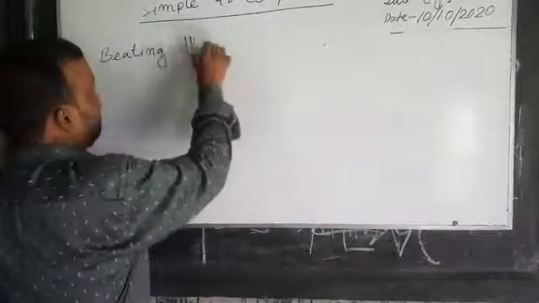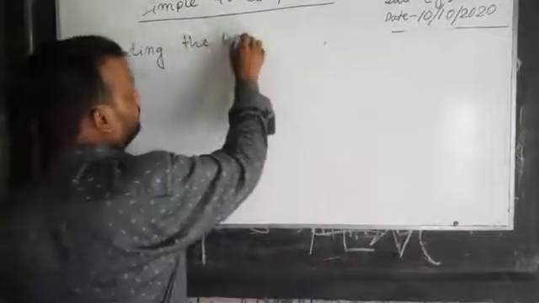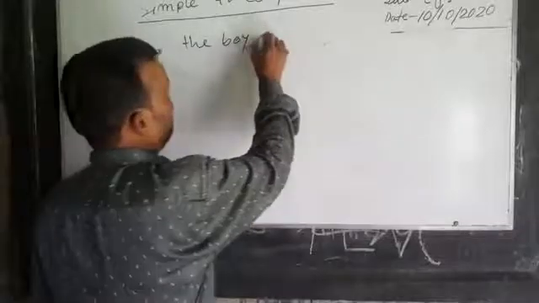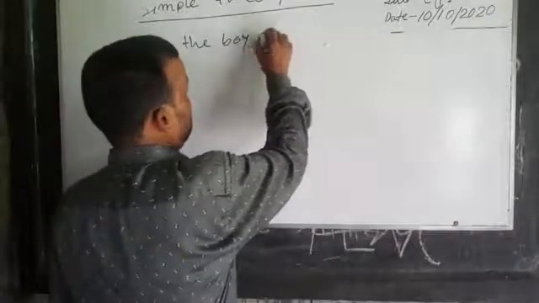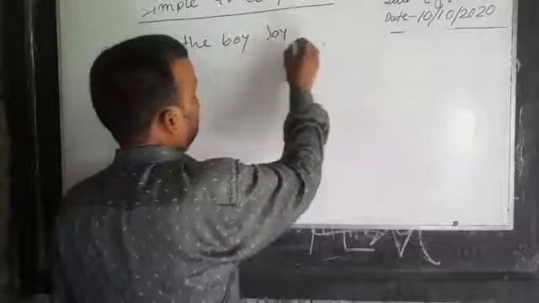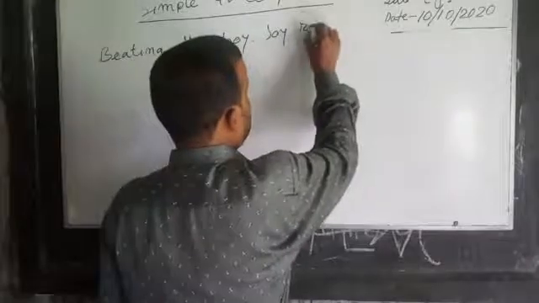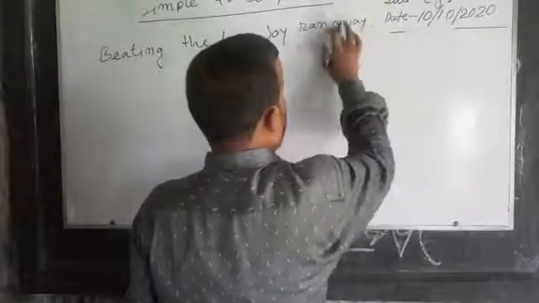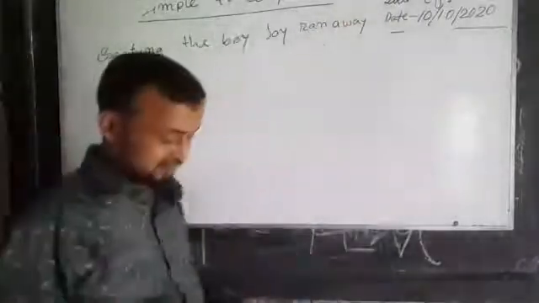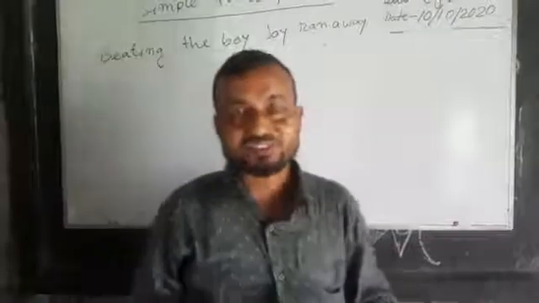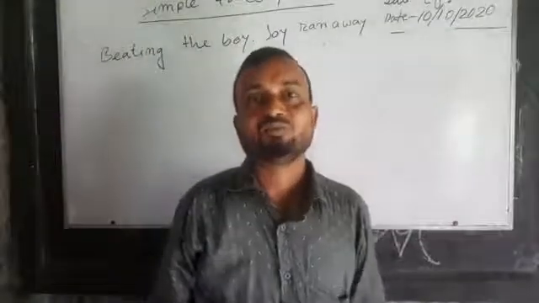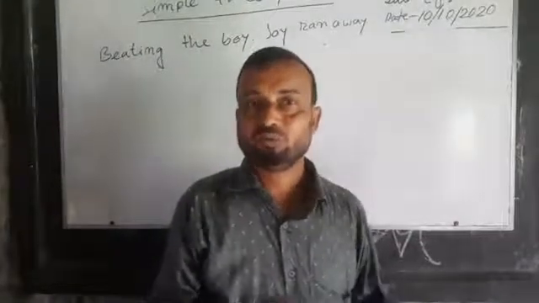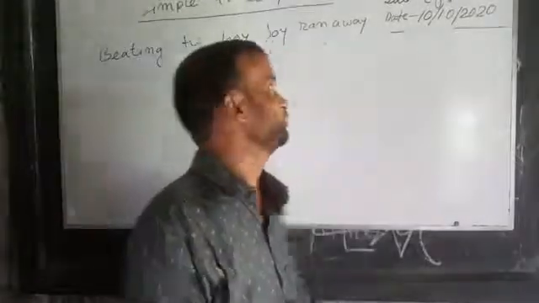Beating the boy, Joy ran away. This is a simple sentence. Now we have to change it into a compound sentence.